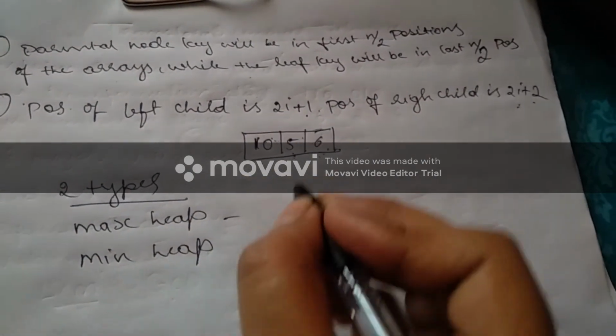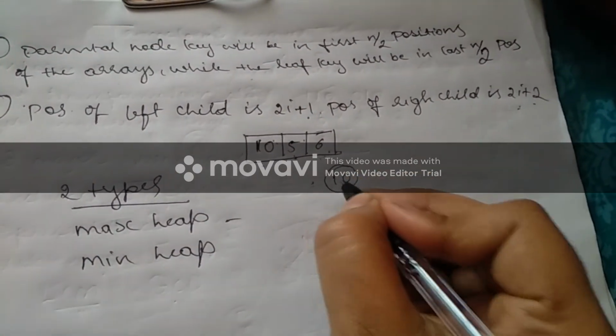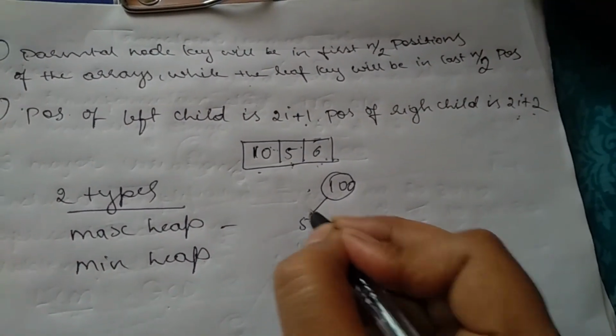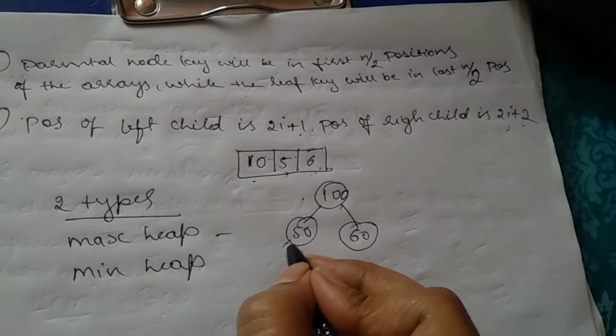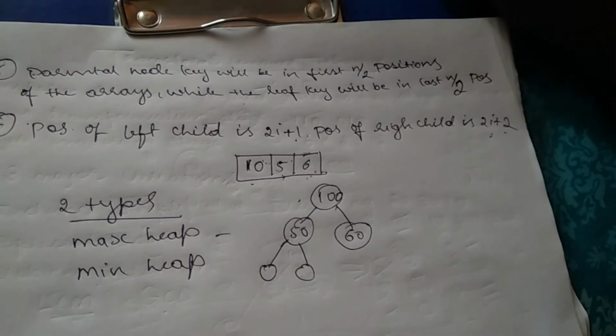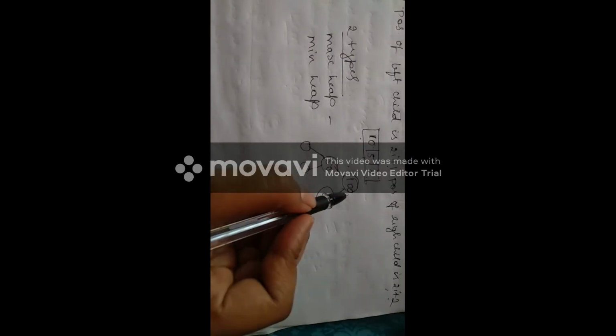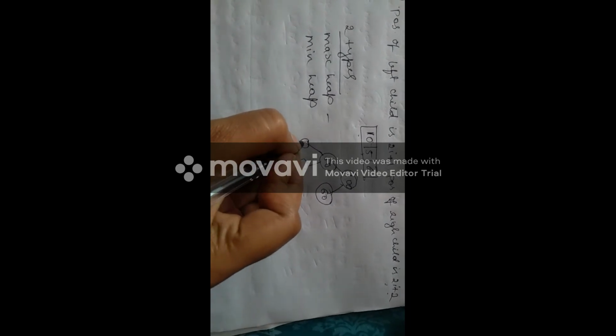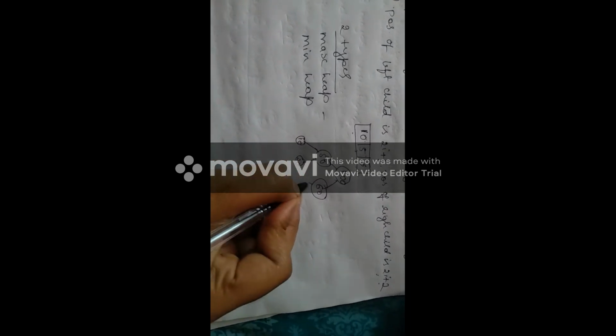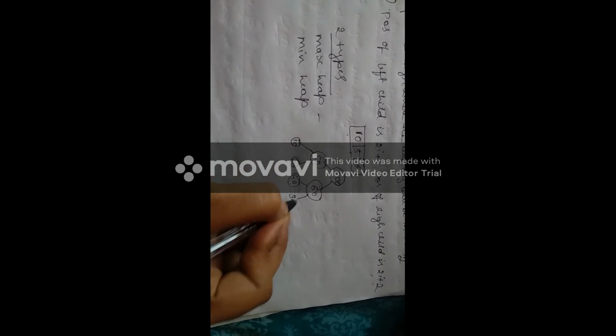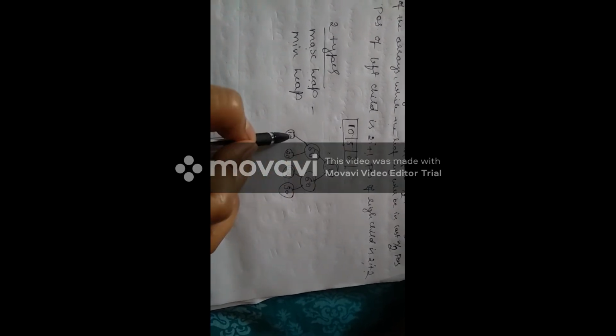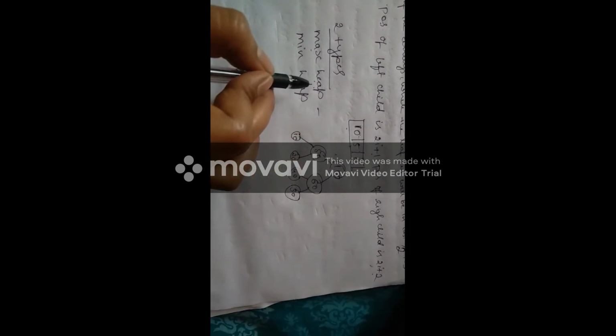If you construct a heap, then in the root node you must always have the maximum element. In a max heap, all the root nodes must contain a higher value than their children. Max heap is nothing but the maximum heap. That is called a max heap.